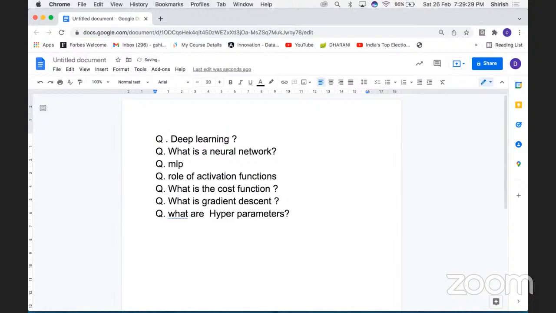What are hyperparameters? Hyperparameters are the weapons we have in our hand to improve the performance of your model. Right? There's a difference between parameters and hyperparameters.